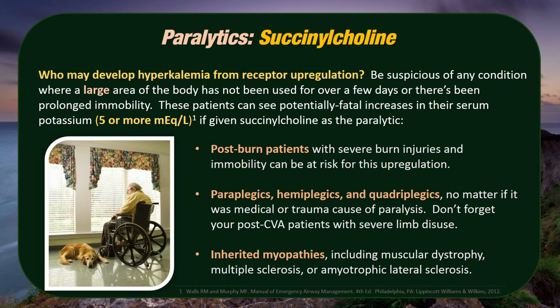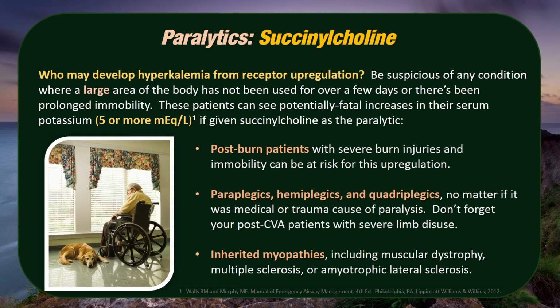Therefore, that small increase up to the 0.55 milliequivalents per liter could cause some big problems. Patients that are currently paraplegic, hemiplegic, or quadriplegic could suffer. They already have constant paralyzation, if you will, and so these patients will not do well with succinylcholine due to the extended effect of those.